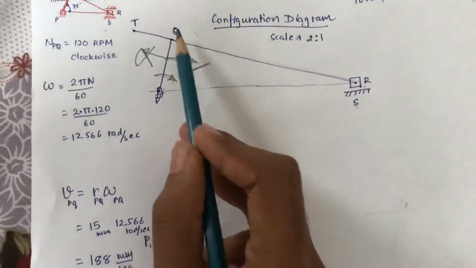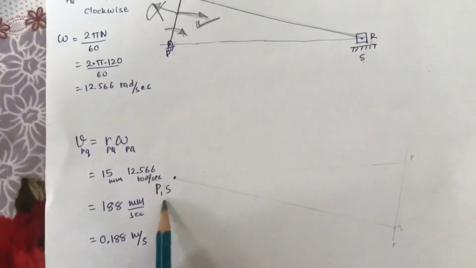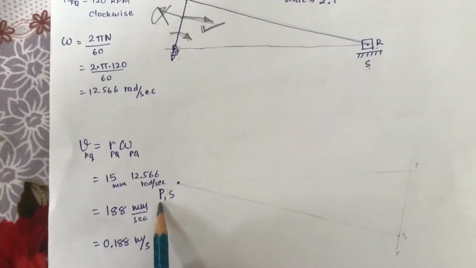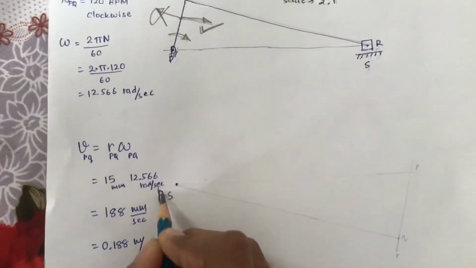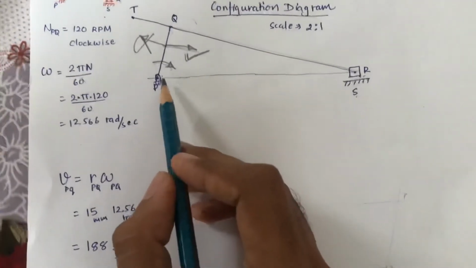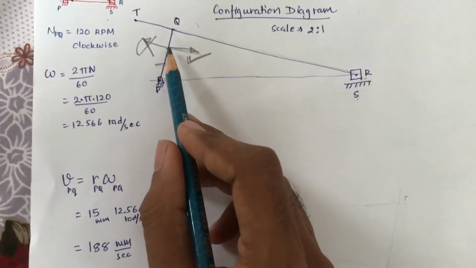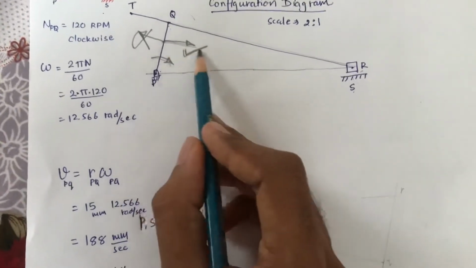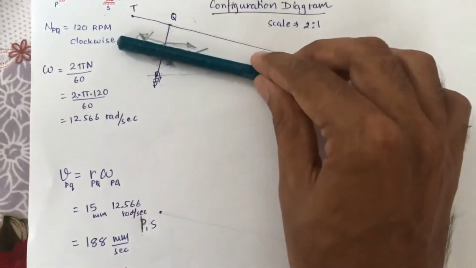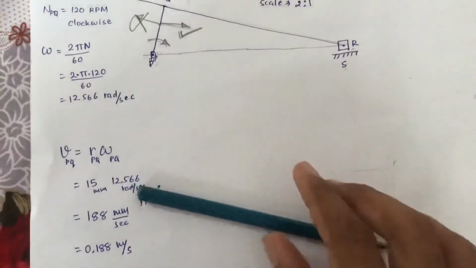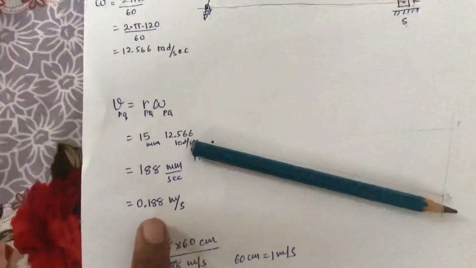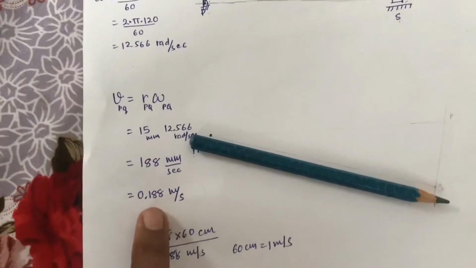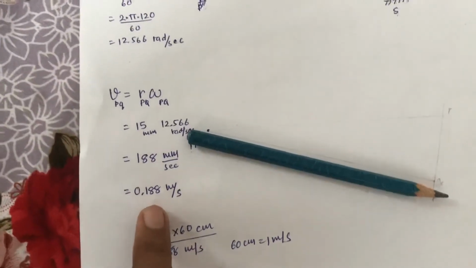We have point p, we don't have q, because p is fixed and we already located it in the velocity diagram, represented with small p. So draw a line perpendicular to PQ towards the right side, downside. This one is perpendicular and drawn towards the downside, which represents 0.188 meter per second, but which is very small.